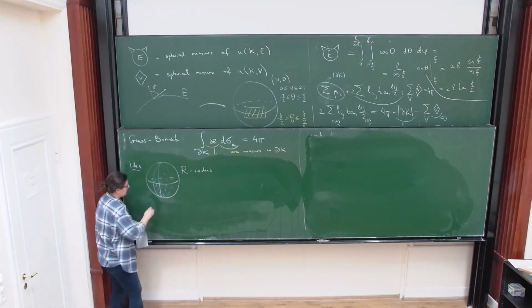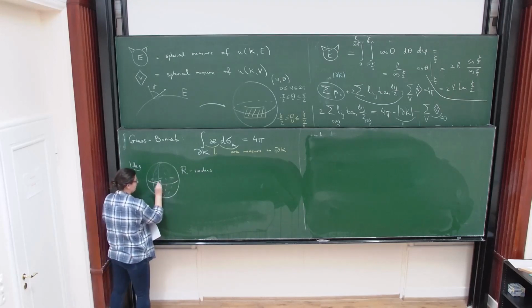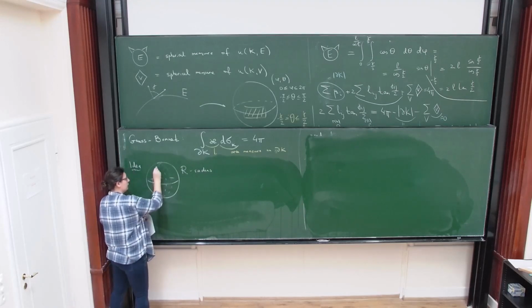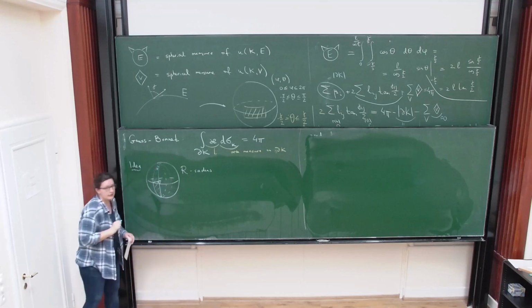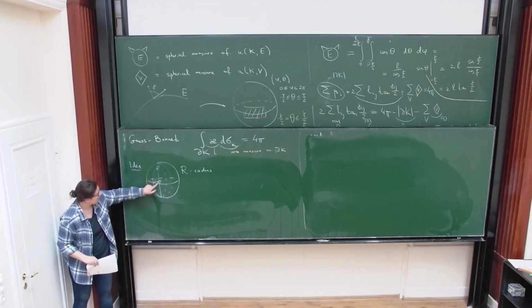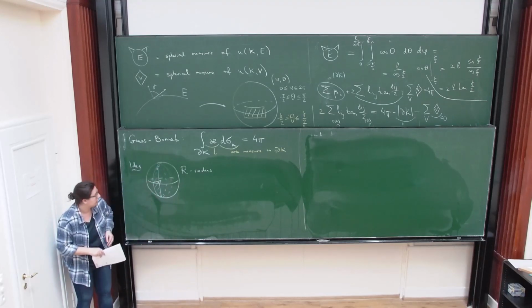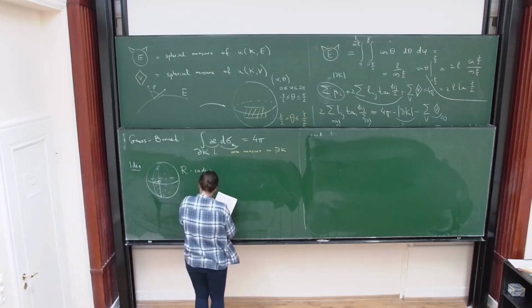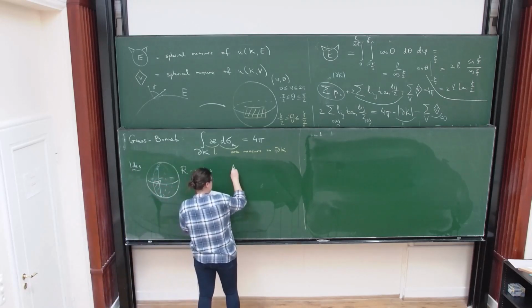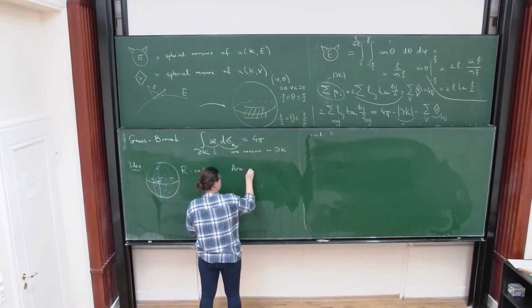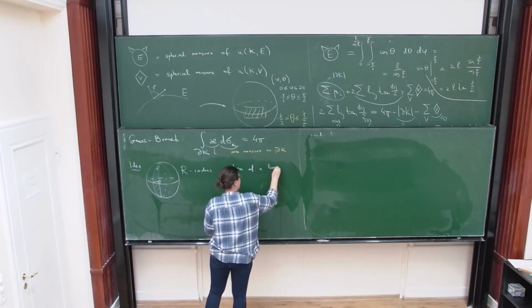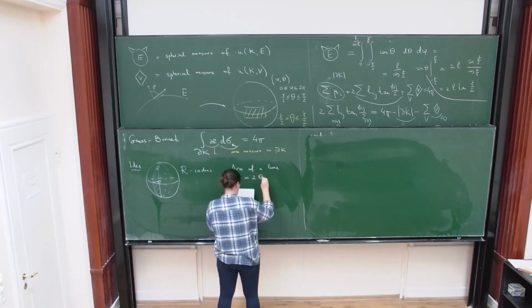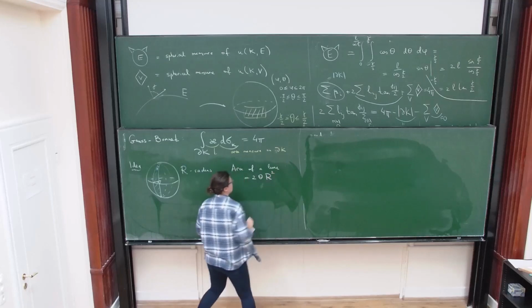Let's say that the angle between these two big circles is just the angle theta. The angle between two circles is the same as the angle between the planes that they are contained in. So one can show, just by setting up the proportion, that the area of a balloon, in this case, is just twice the angle times the radius squared.